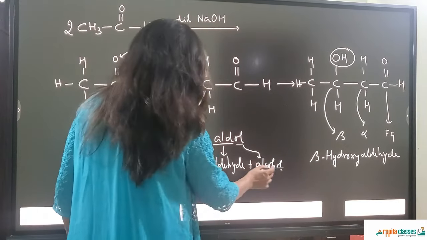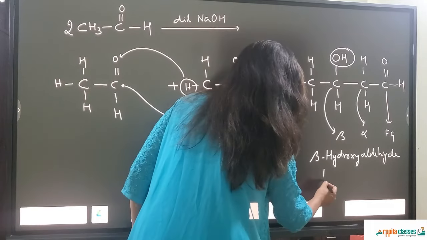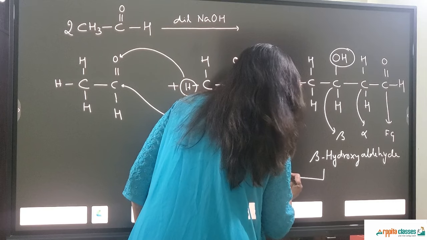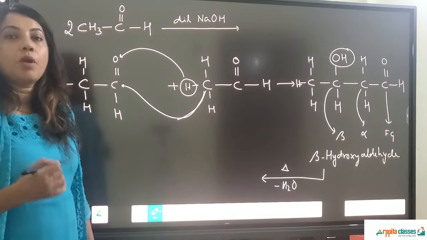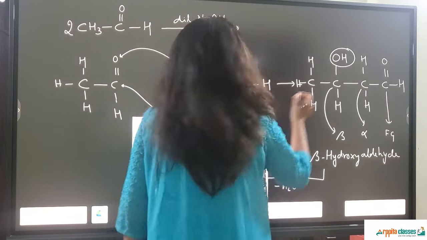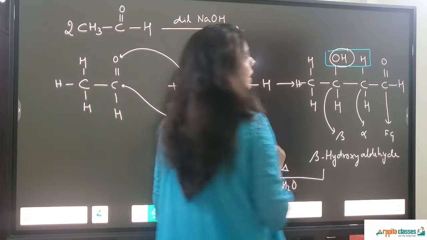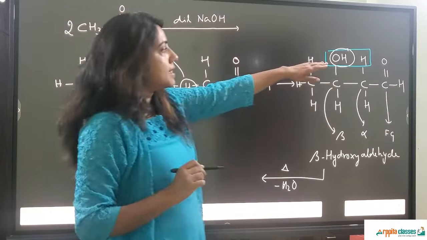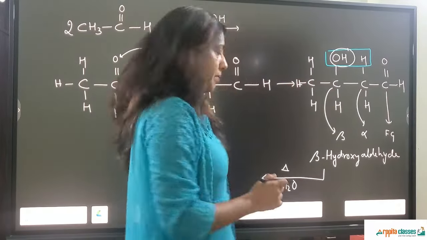What happens further is, if you heat this molecule, a water molecule is eliminated. How? This OH group and this hydrogen get eliminated as a water molecule. Since there is an elimination, a carbon-carbon double bonded compound is formed.